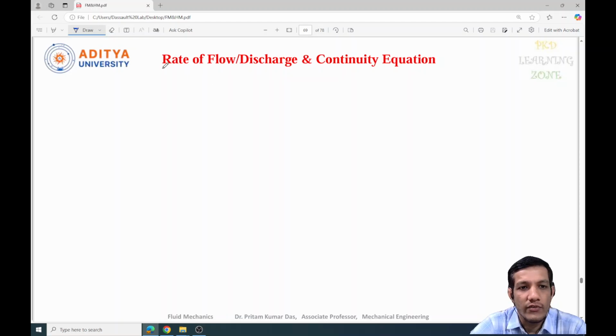The rate of flow or discharge is nothing but the quantity of a fluid which is flowing per second.